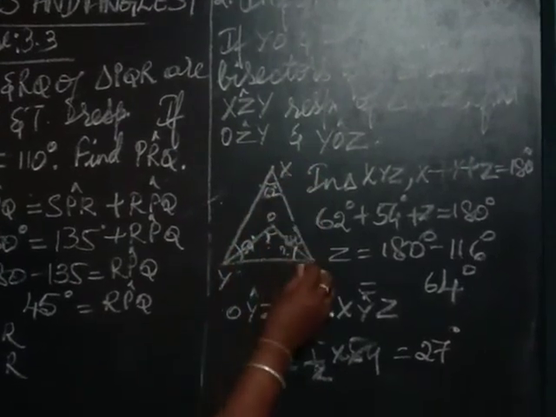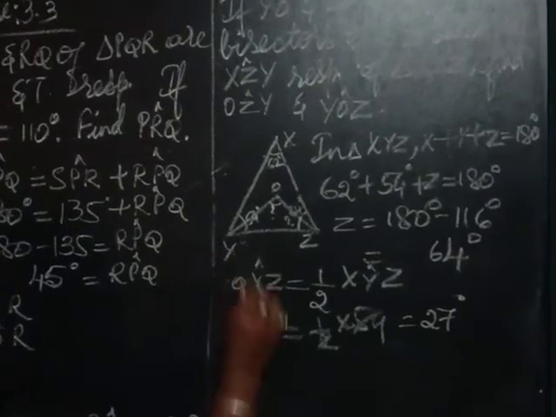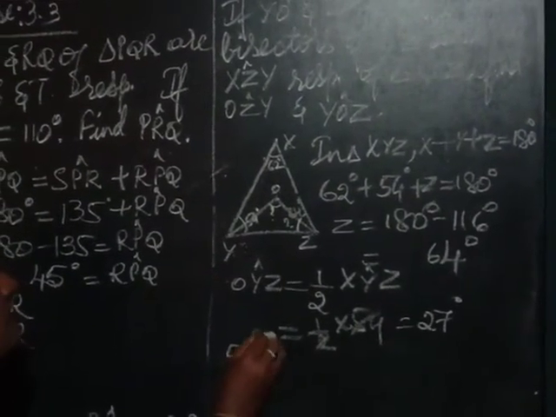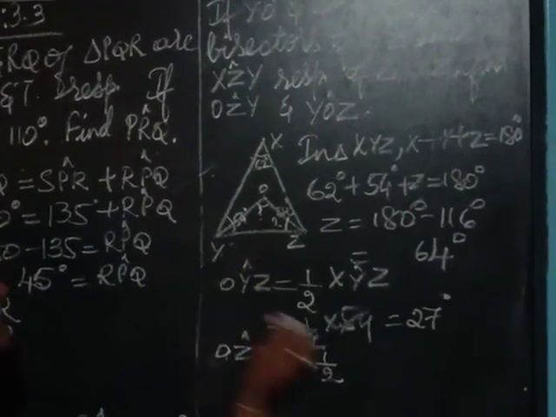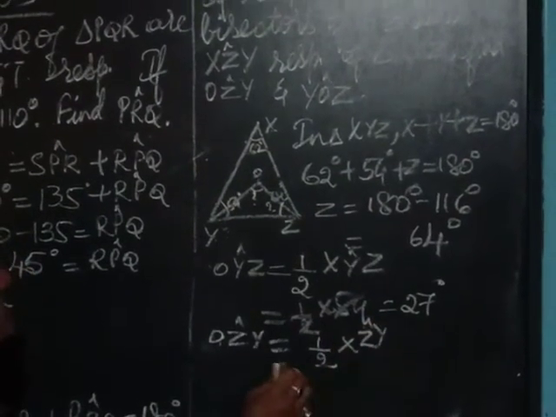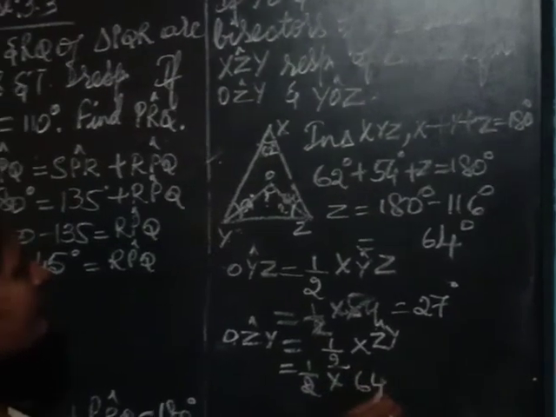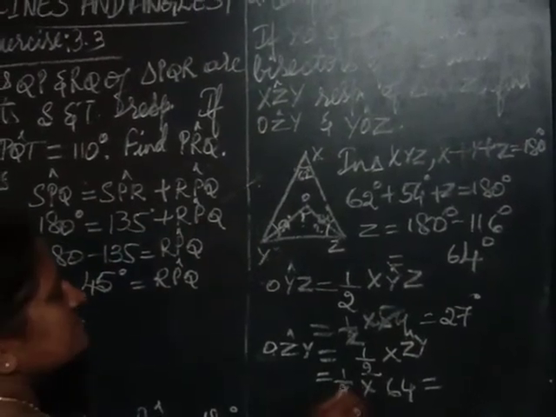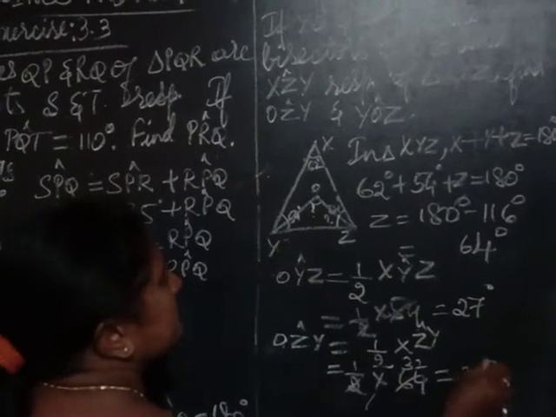Similarly, OZY is equal to 1 by 2 times XZY, which is 1 by 2 times 64 degree, that is 32 degree.